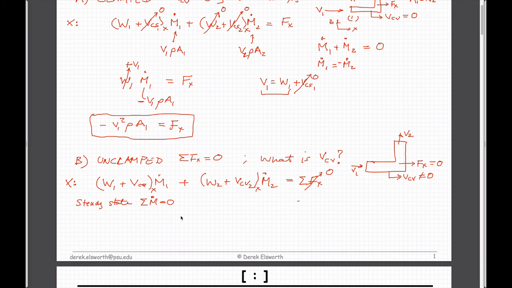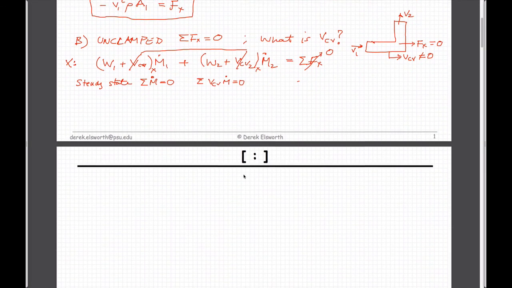And if that's the case, as a consequence, the velocity of the control volume times the mass flow rate must also sum to 0, because this is just a constant that we're multiplying it by. So we can get rid of these two, not because individually they're 0, but because together they are. Okay?